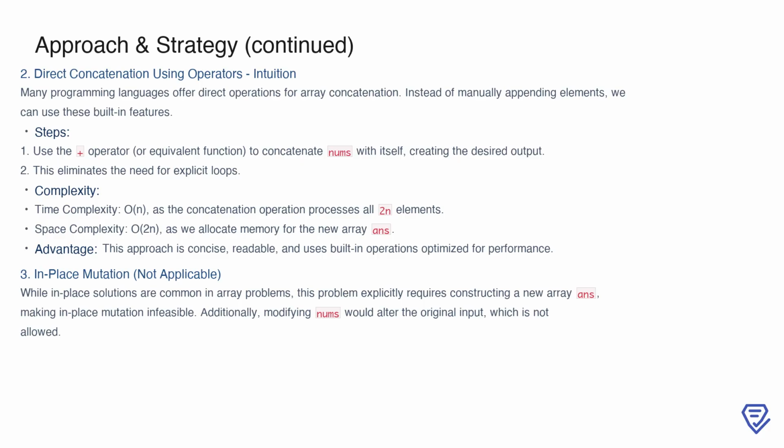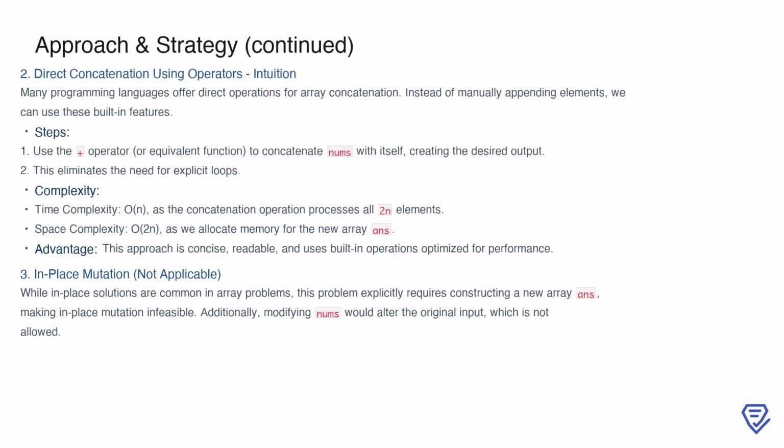Another approach to solve this problem is by using direct concatenation through built-in language operators. Many modern programming languages, including Python, provide operations that make concatenating arrays straightforward and efficient. Instead of manually appending elements through loops, we can simply use the plus operator to concatenate nums with itself. This means the desired output array ans can be created in just one step.